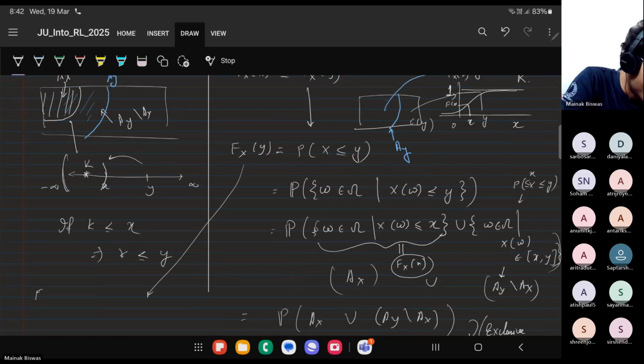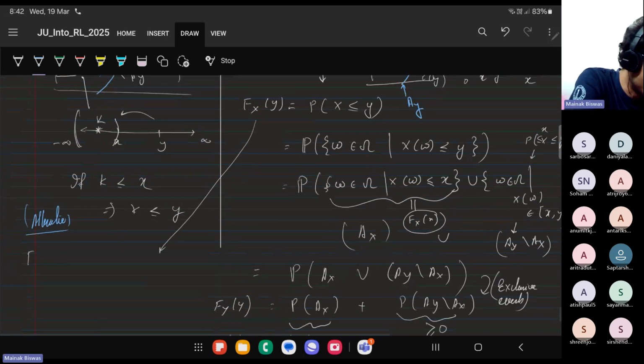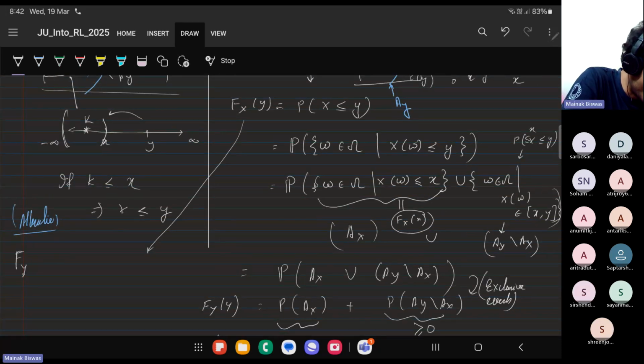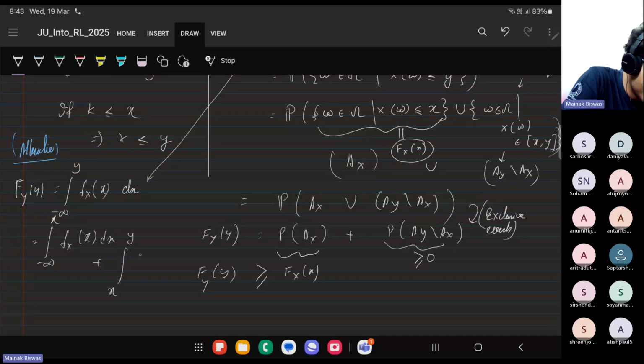Let us write this as an alternative, but the previous one is just to revise your set theory and the axioms of probability. You can also write this in a similar way. If fy of y is the integral from minus infinity to y of the density, which is the same as the integral from minus infinity to x of fx of x dx plus the integral from x to y.